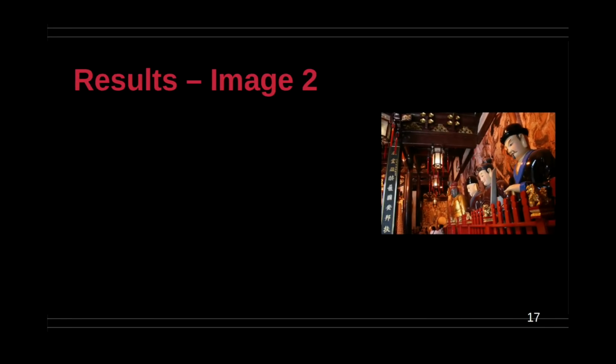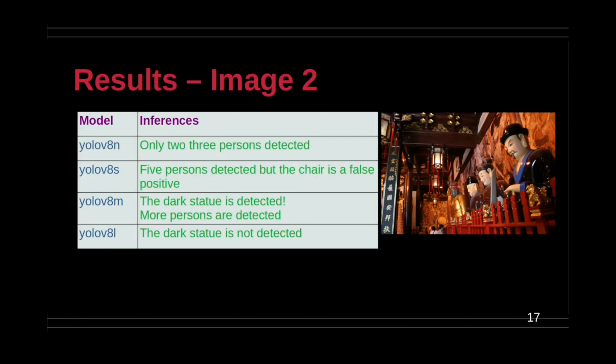In the second test image, it should be noted that the statue of the dark person is only detected in the medium model. It is not detected in the nano, small, and large models. Obviously, this is a flaw in the development of the pre-trained models using the COCO dataset, which is the basis for the pre-trained models in many object detection algorithms.